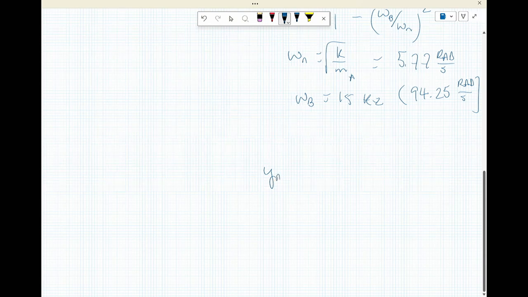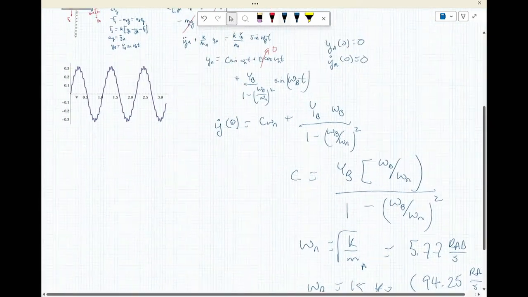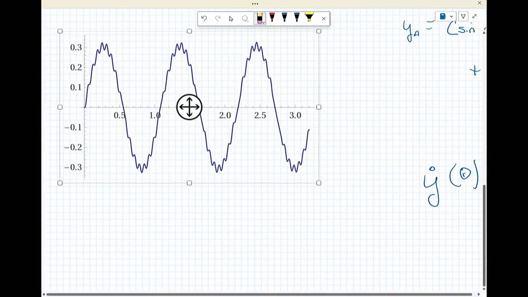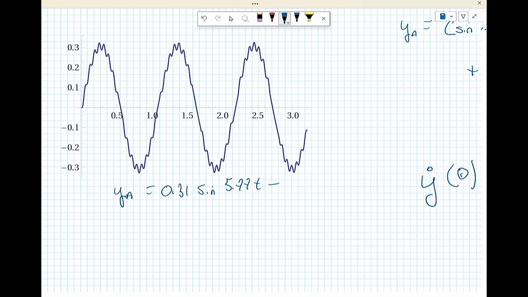So ya equals a Fourier sine wave, and so it looks like ya equals 0.31 sine of 5.77 t minus 0.019 cos of 94.25 t, in millimeters.